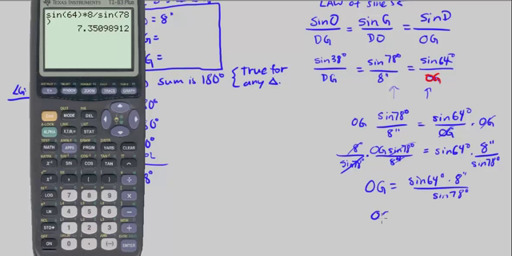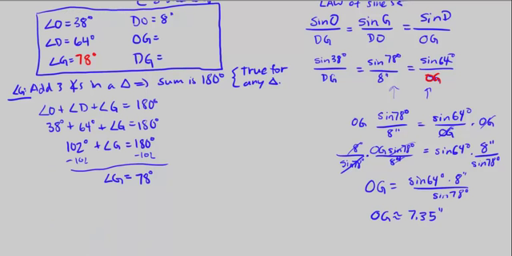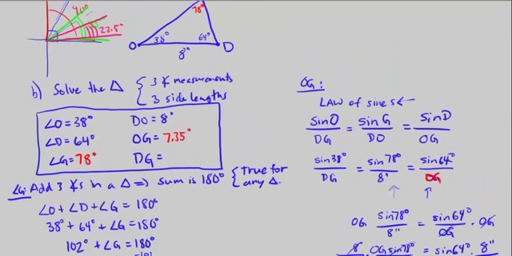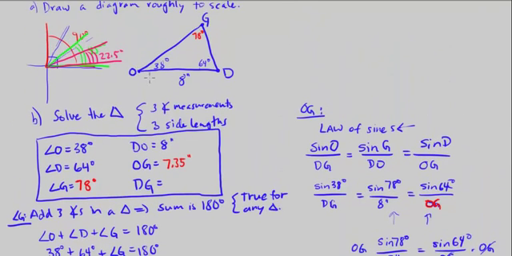OG is approximately, I'm going to round this, if I look at just two decimal places, 7.35. This 0 makes this 5 not round, 7.35 inches. Okay? Let me get rid of that. And I'm going to go up here and write OG is 7.35 inches. I'm going to even add it to my diagram just so if I look for reference, this is 7.35 inches.